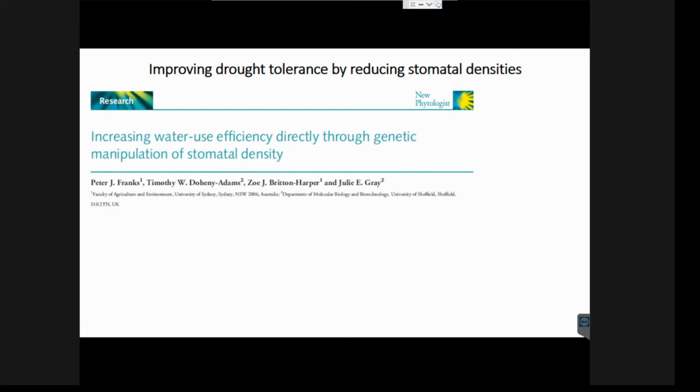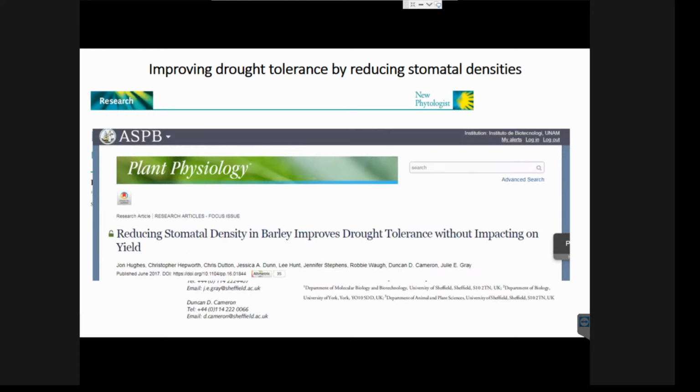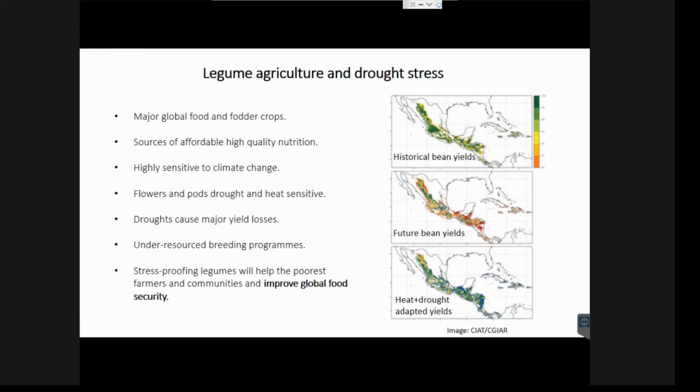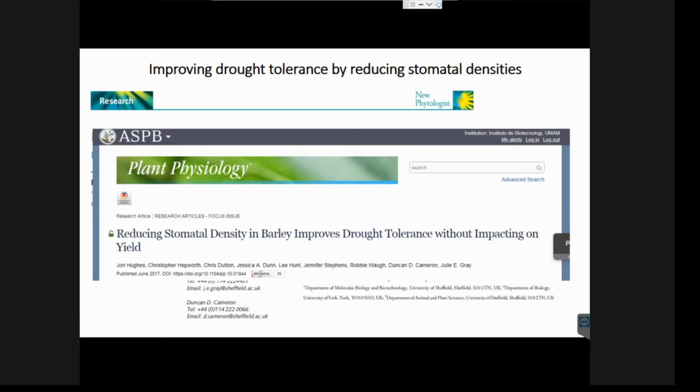And Julie Gray's group has looked at these EPFs not only from an Arabidopsis point of view to improve water use efficiency by reducing stomatal densities, but also trying to improve nutrient uptake processes, and reducing stomatal density in barley, in wheat, and in rice.